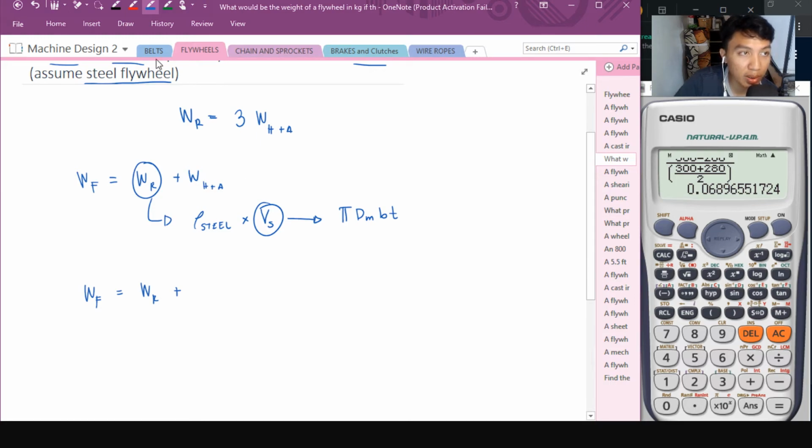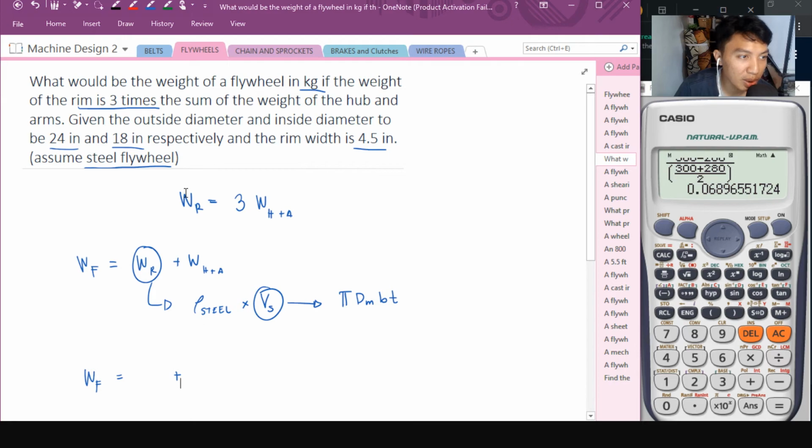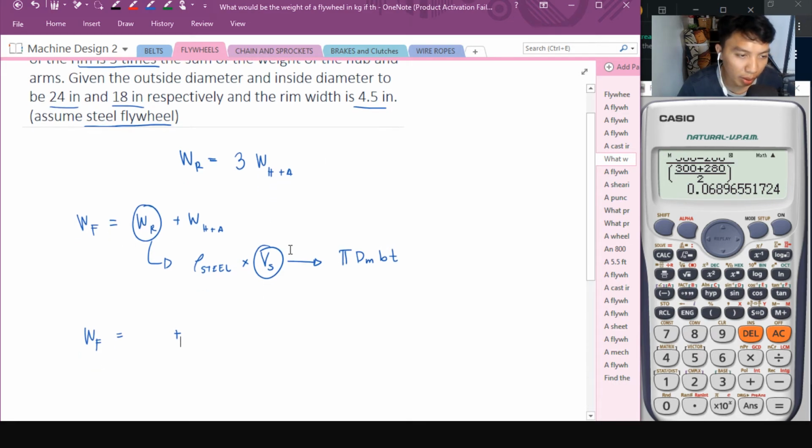But the weight of the rim is equal to 3 times the weight of the hub and arms. Okay, we can solve first the weight of the rim.